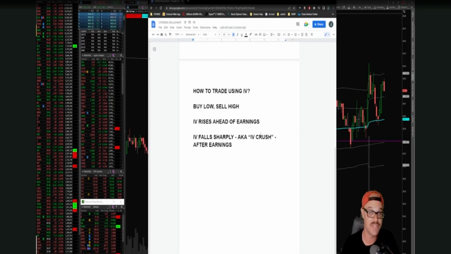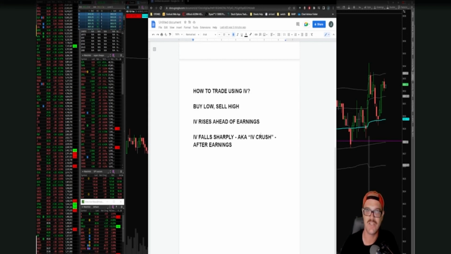So implied volatility has risen, causing the cost of all options to increase. So you buy your slightly out of the money call option. The stock reports earnings, and the next day that trade goes in your favor. Now, like I said, it's an out of the money call option, so you're taking a bit of a speculative bet. The next day, after a stock reports earnings, IV falls sharply.